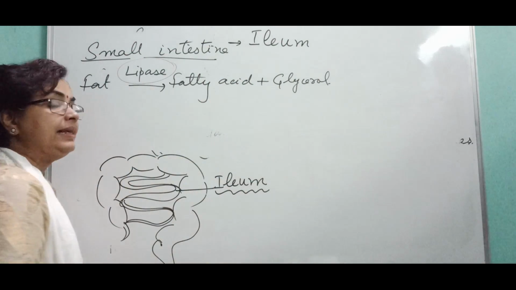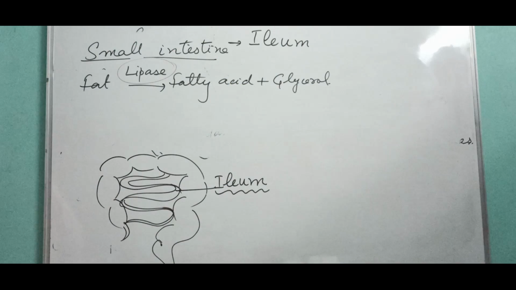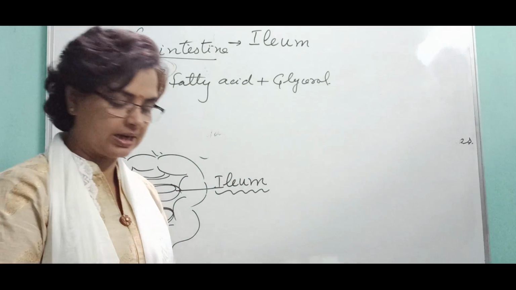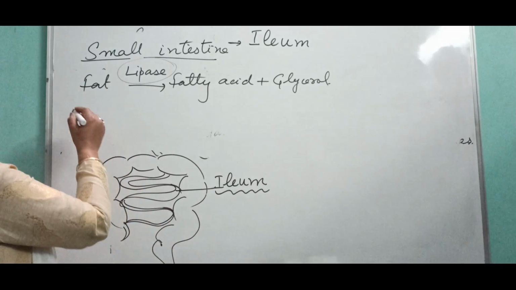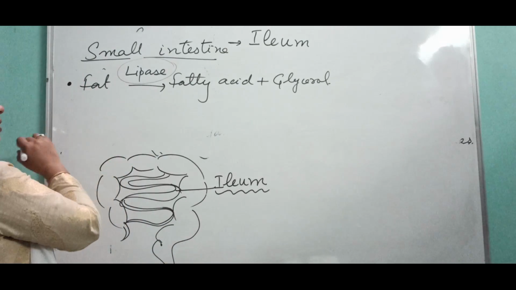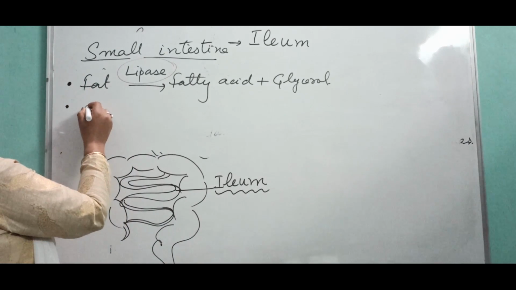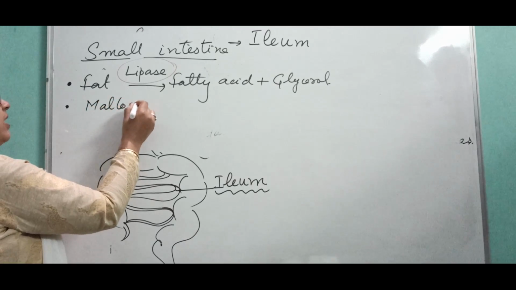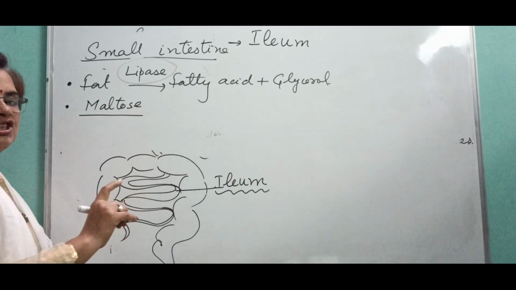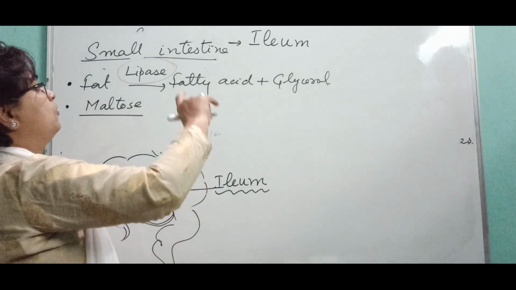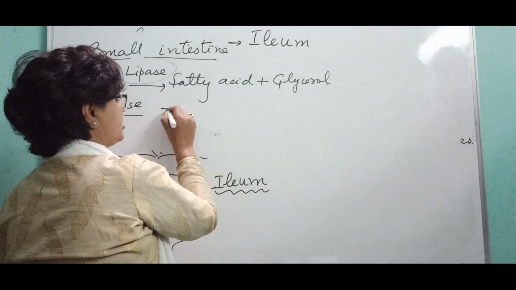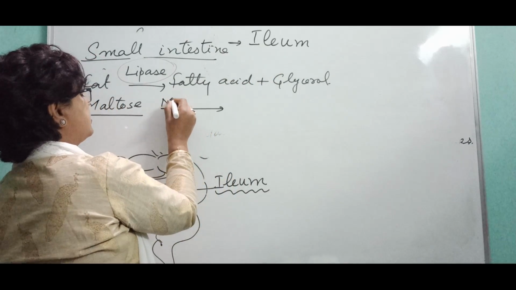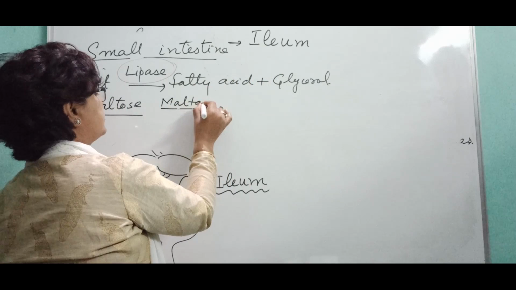The organ is the ileum. Now we have so many different types of disaccharides which are formed after the digestion of starch. The second one is termed maltose. Maltose is a type of disaccharide. For digestion of maltose, the wall of the ileum secretes one enzyme, and the name of that enzyme is maltase.